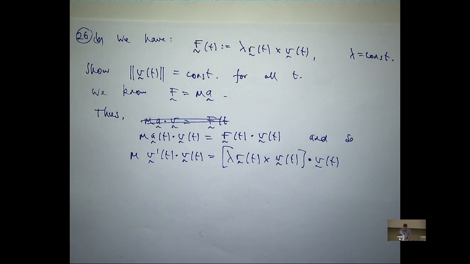Now, two questions. What's the value of the right-hand side? It's a scalar triple product. Who can tell me its value?